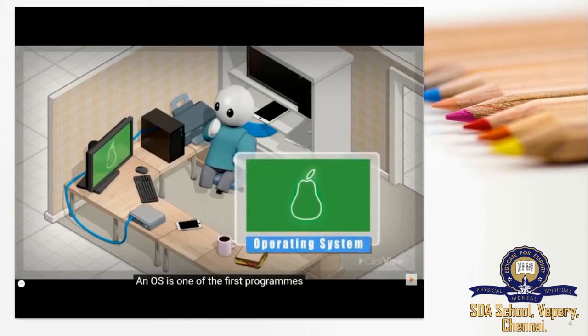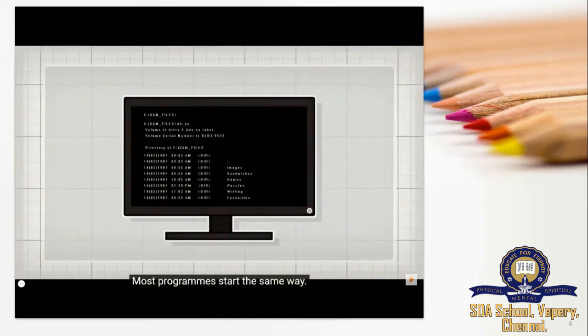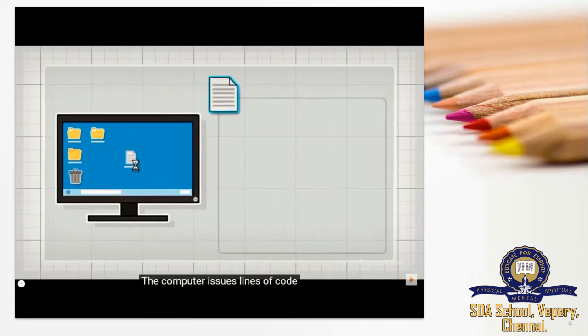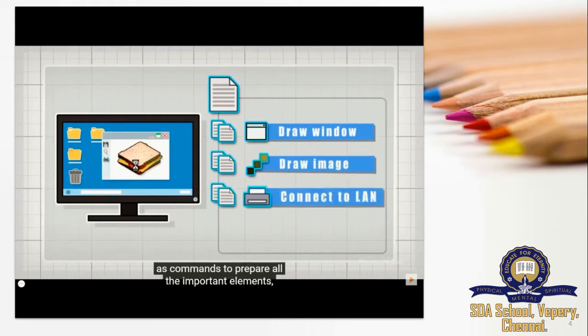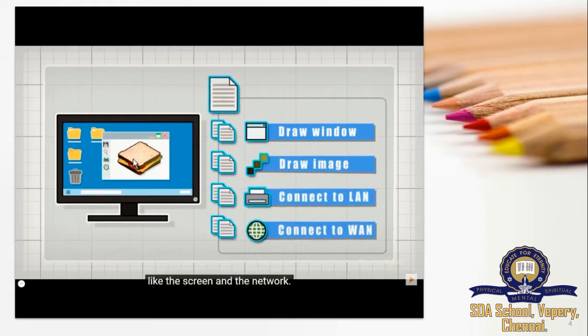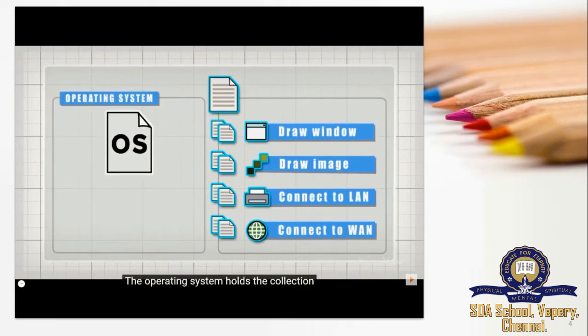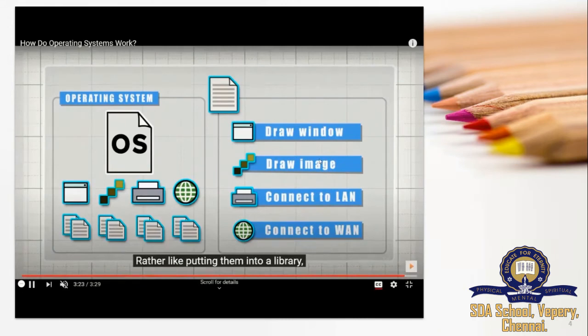If you switch on the computer, an OS is one of the first programs that runs. The computer issues lines of code as commands to prepare all the important elements like the screen and the network. The operating system holds the collection of all the common commands and segments them, rather like putting them into a library.